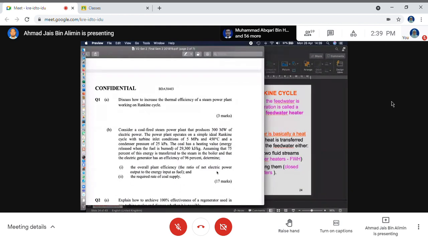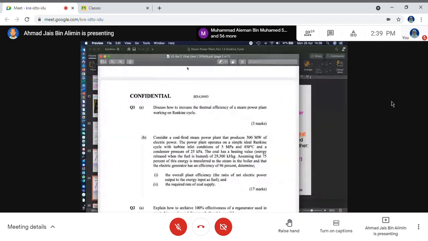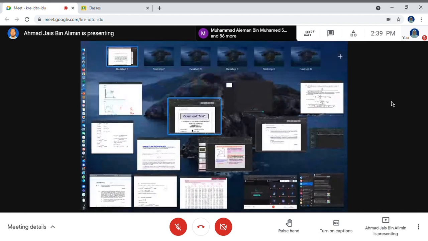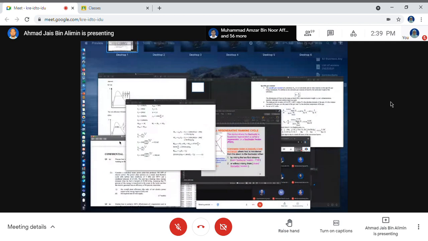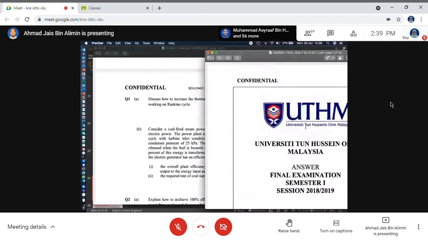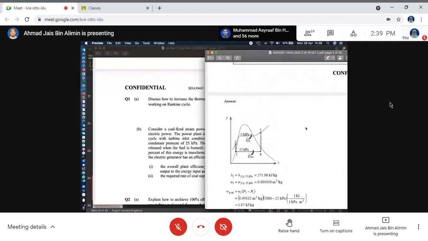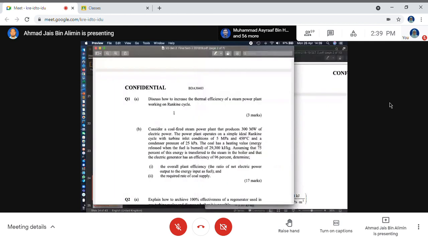Okay, so what would be the recommended answer? Skema jawapan dia. So yang ini tak ada skema, tapi discuss how to increase, maka ada 3.